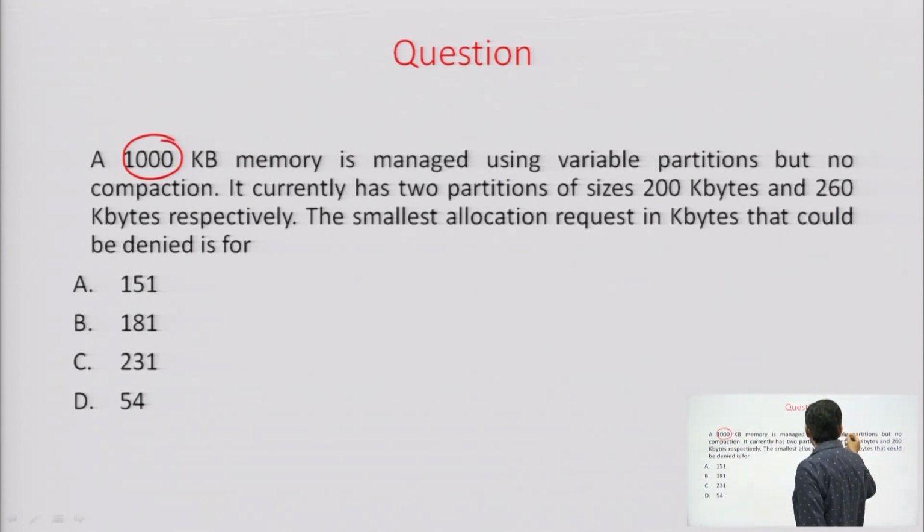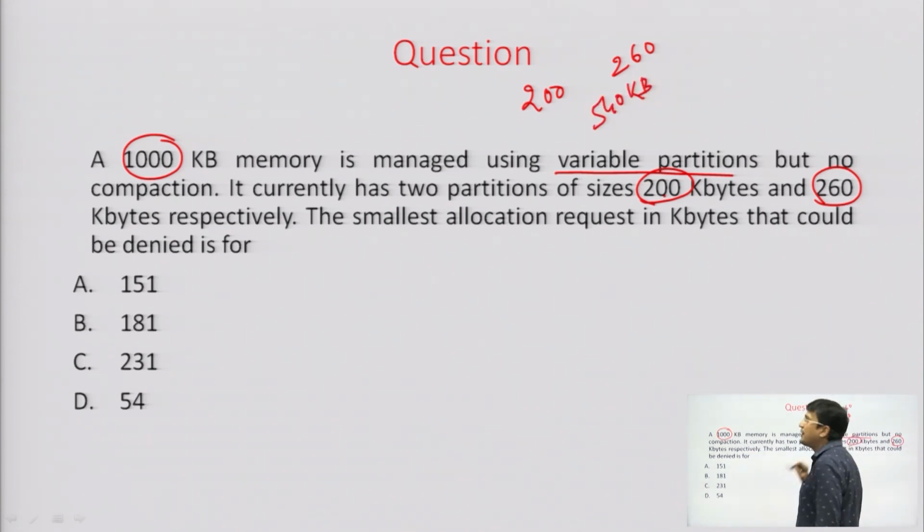Variable size partitioning, dynamic partitioning, is used here, and the two processes which are already in the memory are 200 and 260. So, a 200 KB process is there and a 260 KB process is there. Obviously, 540 KB of memory will be free.